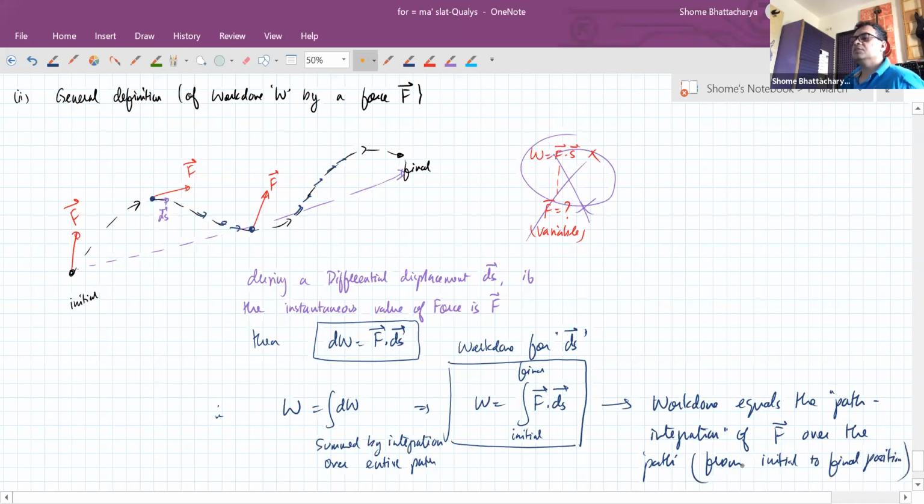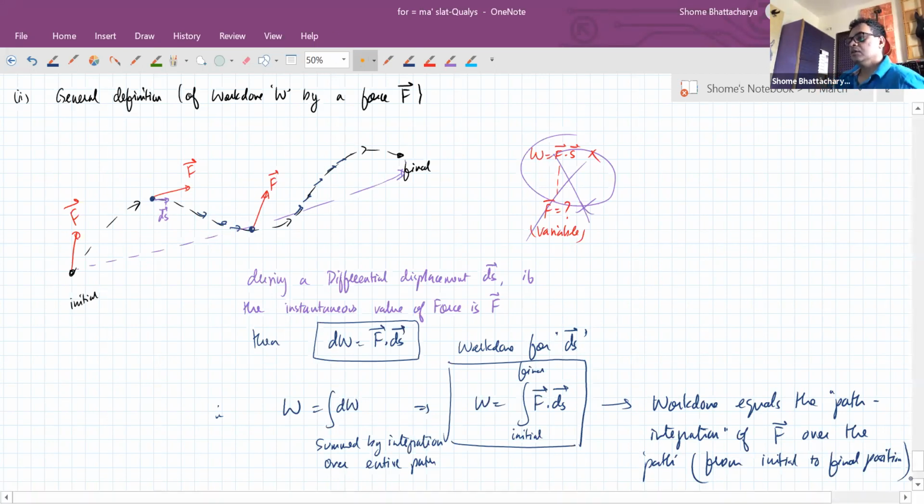Is this definition clear, people? Yes, sir. Hopefully we understood why we have to use integration when the force is variable. If we use the formula F dot S, it does not make sense, because between that displacement S the force is changing. So what value of F will we substitute? That's why the general definition becomes like this.